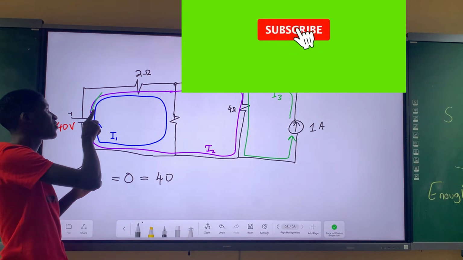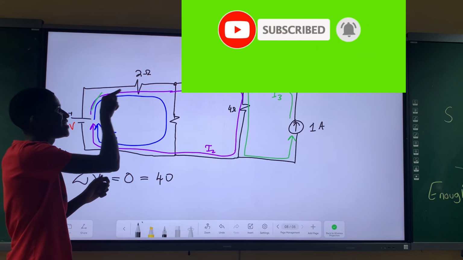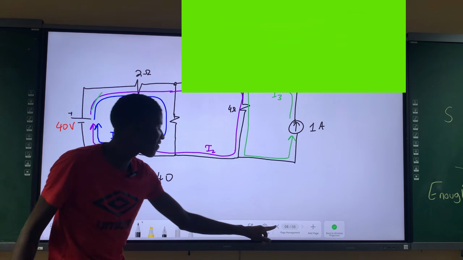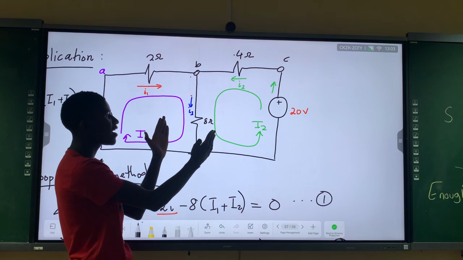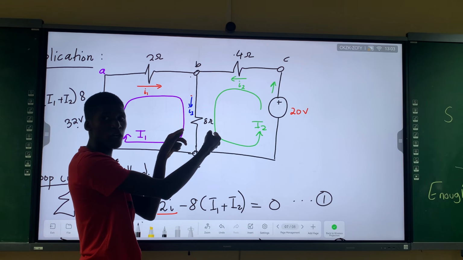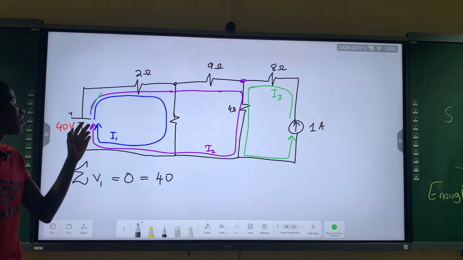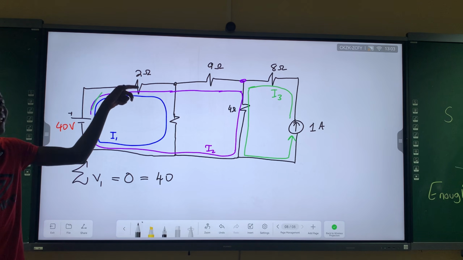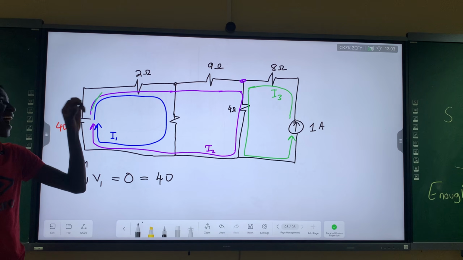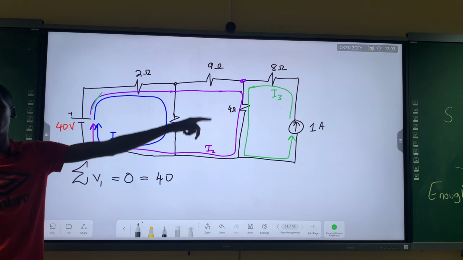So we're talking about the entire loop of current. Now here, when we talk about I2, it is the entire loop of current. That is why in the previous example, when 2 loops meet, what do we do? We add those currents in those loops. When 2 loops meet, as much as we are having a total current entering the 2 ohms, it is accommodated by the 2 loops, I1 and I2, in the drawing.